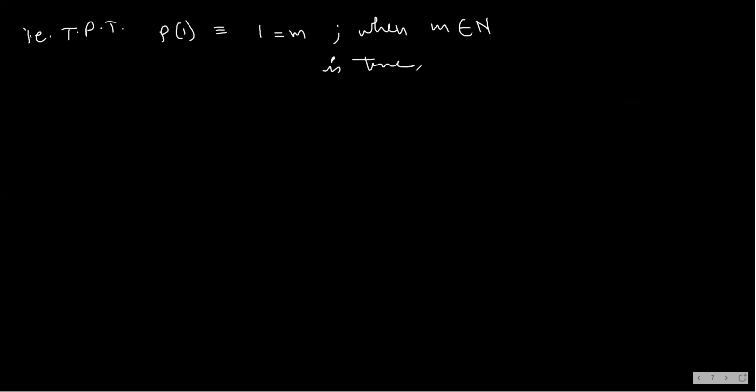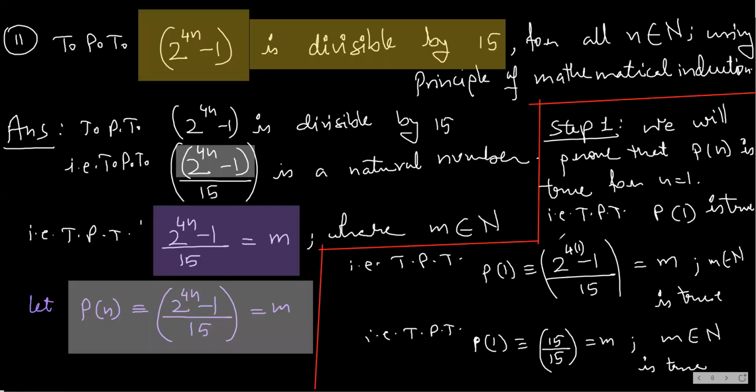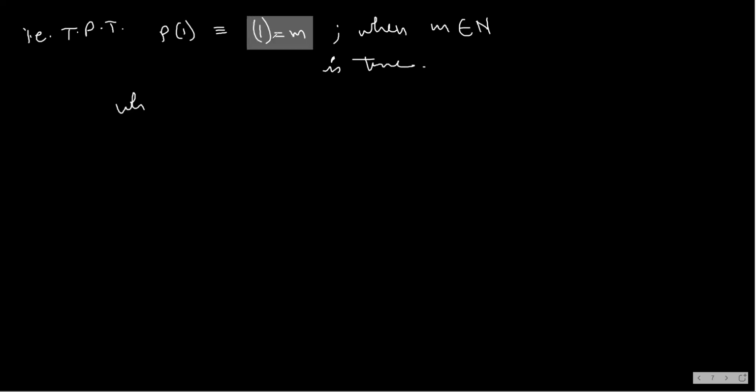But now check this out, students. When you are getting m as 1, isn't that m value natural? Yes, m is natural. So what does that mean? That what we had to prove is actually true. It is proved. When we put n as 1, we should be getting a natural number, and we got the answer as 1, and that 1 is a natural number.